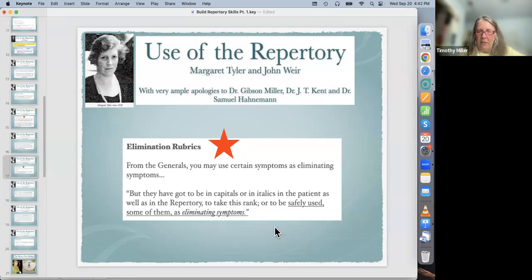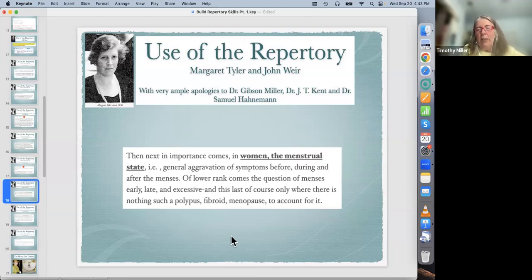And she says here, from the generals, you may use certain symptoms as eliminating symptoms. Great, but they've got to be in capitals or italics in the patient as well as the repertory to be safely used as eliminating symptoms. There's definitely a safety issue with eliminating symptoms because you can inadvertently eliminate a symptom that you wanted to include. So again, this is starred. We'll be going back to this at a later time.